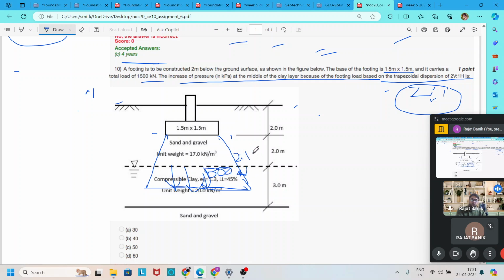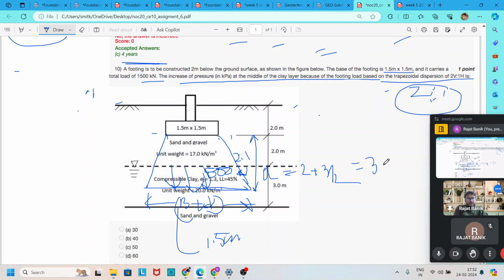At 2 is to 1, the width at the middle of the layer is B plus D. B is the width of the foundation, given as 1.5 meter, and D is the depth from the base of the foundation to the middle of the layer, which is equal to 2 plus 3 by 2, where 3 is the thickness of the clay layer, so D is 3.5.